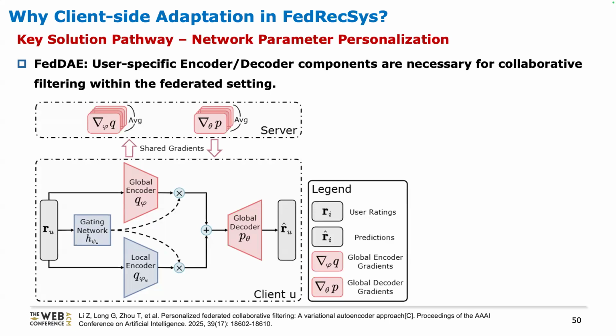During training, only the encoder and decoder gradients are sent back to the server and averaged. None of the private user-specific parameters leave the device. In this way, FedDAE captures both shared patterns via the global models and individual information via the local models, which can tailor network parameters to each user's unique interaction style.